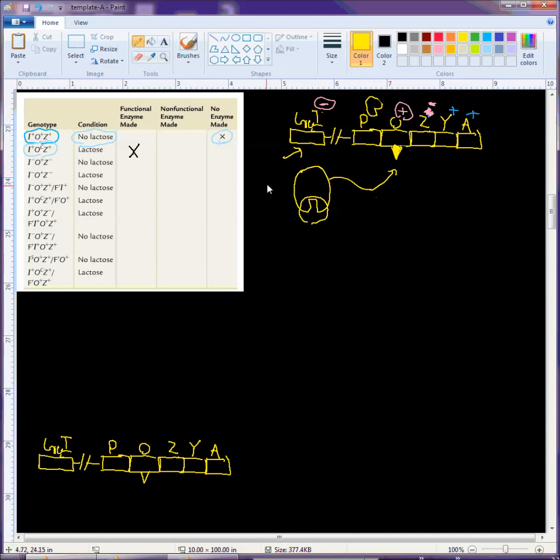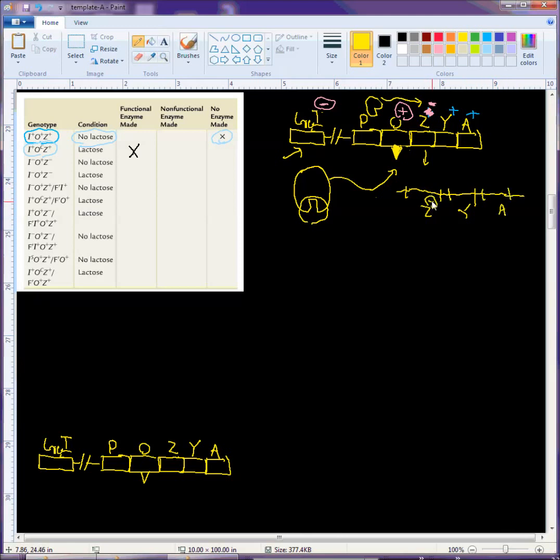Okay, so what's going to happen? Well, RNA polymerase is going to come in here and try to transcribe these genes, and it's going to be very happy because it can. It's not blocked. Okay, great. It's going to transcribe this long RNA with open reading frame, the codons for lac Z, Y, and A. But what's wrong with Z?